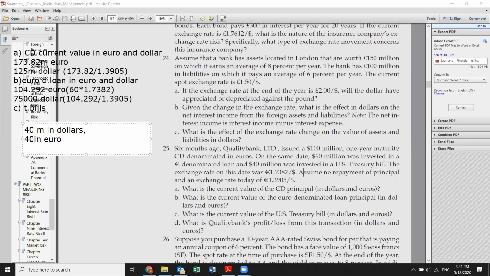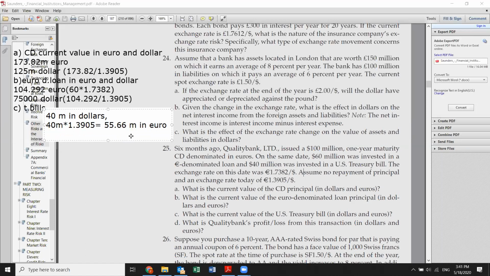It's 40 million times 1.3905, which gives us 55.66 million of euro. This is for T-bills.